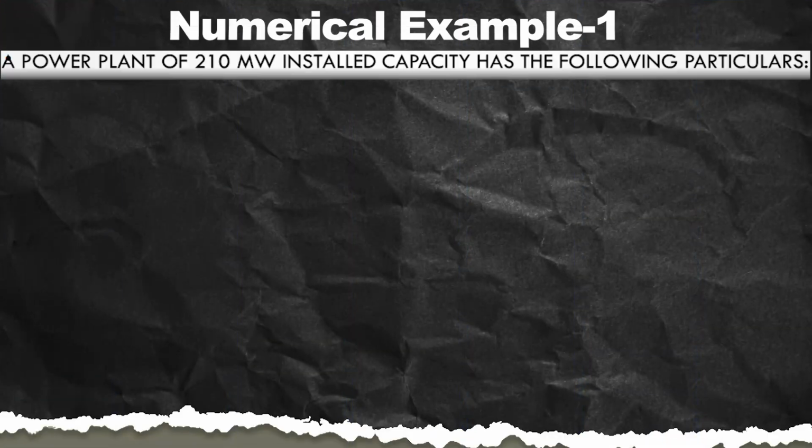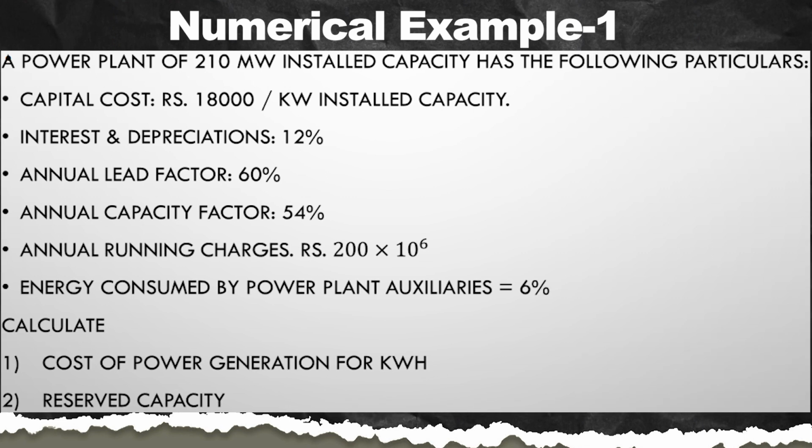A power plant of 210 megawatt installed capacity has the following particulars. Capital cost is rupees 18,000 per kilowatt installed capacity. This is the way we express the capital cost, in rupees per kilowatt installed capacity.